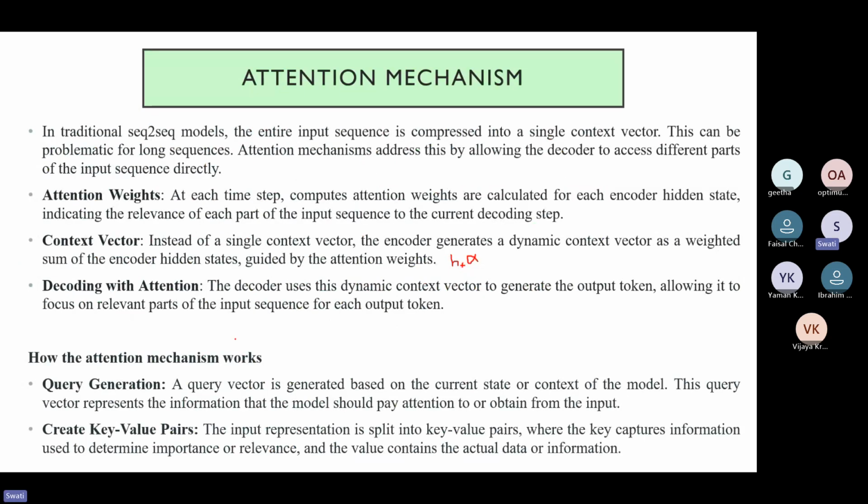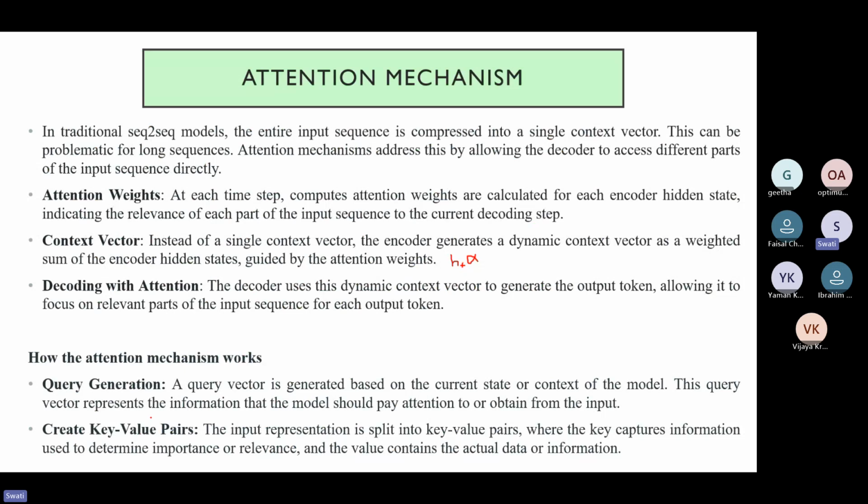So how does it work? First, we have a query vector which is generated based on the current state or context of the model. This will give you the information about which input the model should pay attention to.